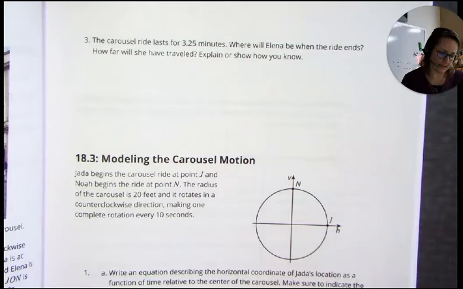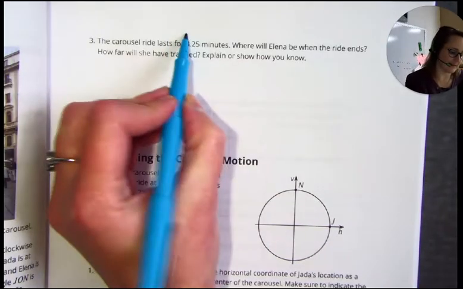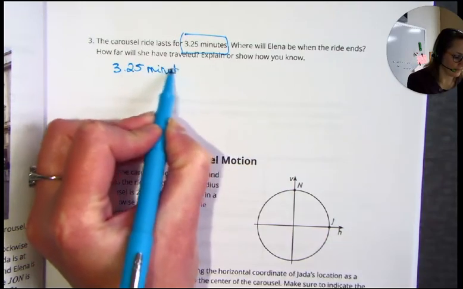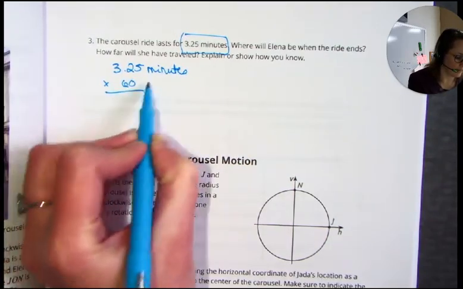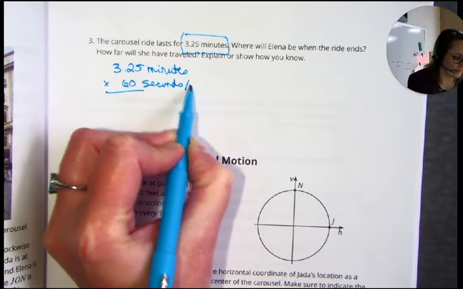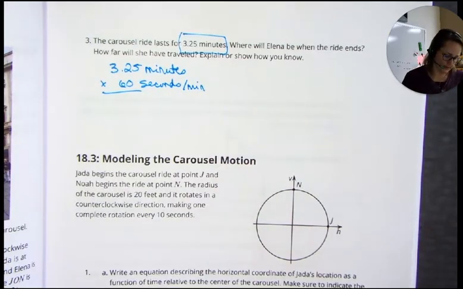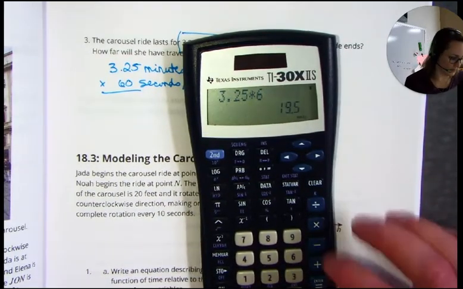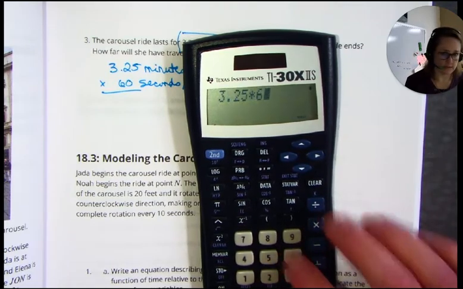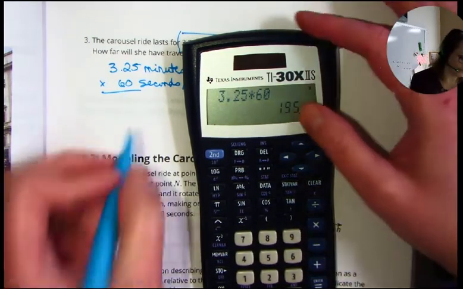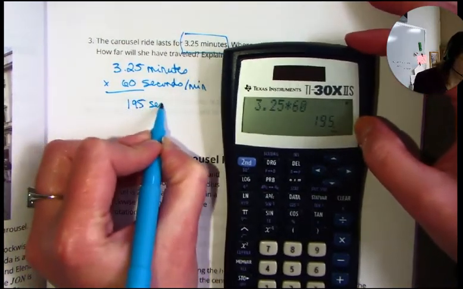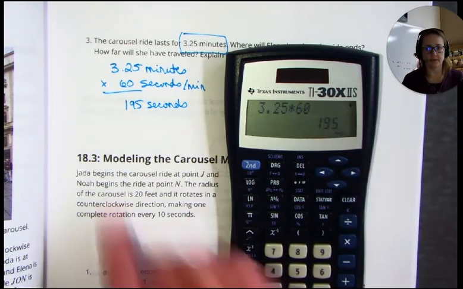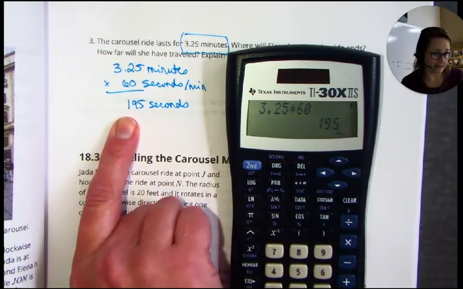Whew. All right. First thing I'm going to do is convert minutes to seconds. So I need that information. 3.25 minutes times 60 seconds per minute. Oop, let's try that again, and this time actually multiply it by 60. So she has gone around and around for 195 seconds.